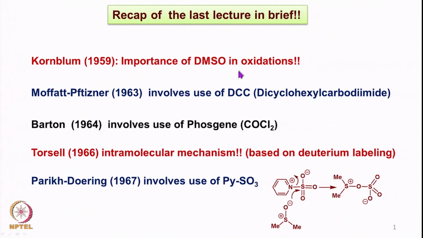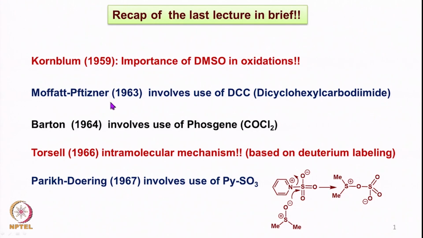We discussed in this oxidation the activation of halides or tosylate with DMSO, eventually leading to the oxidation and forming carbonyl compounds. And of course, we discussed some mechanism.